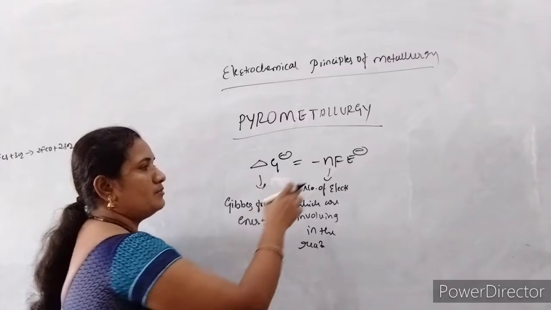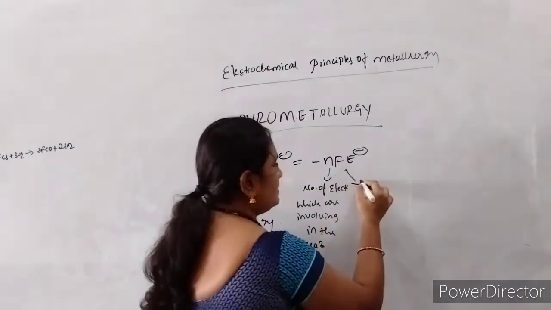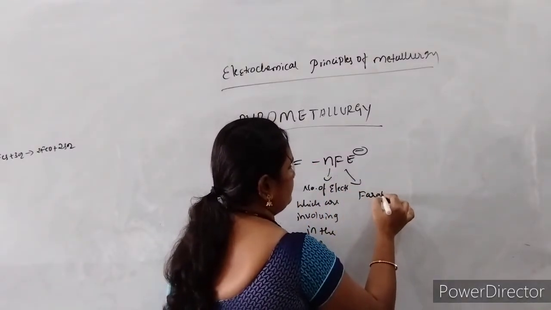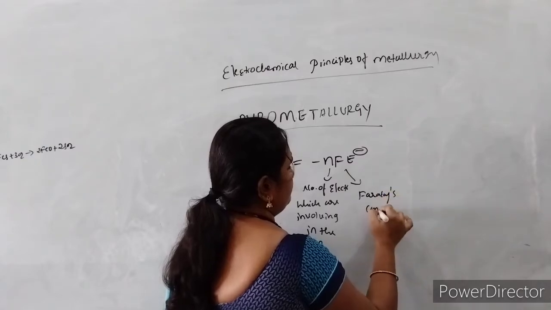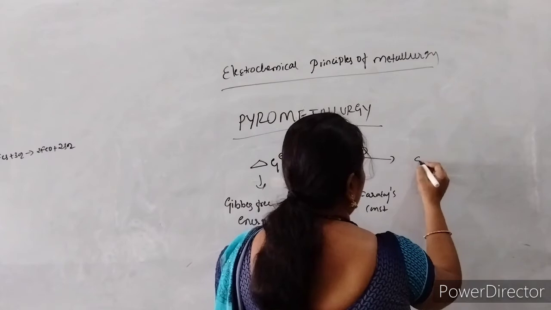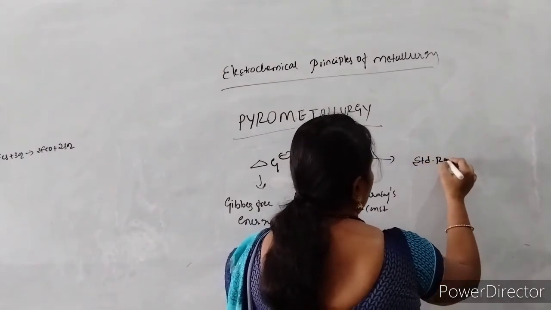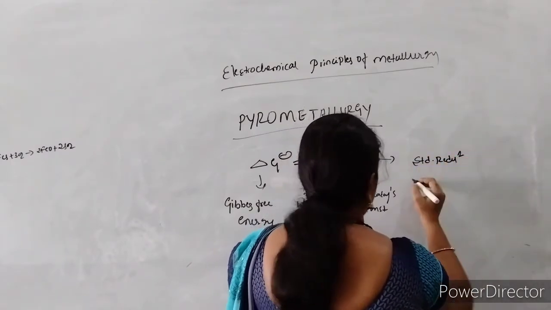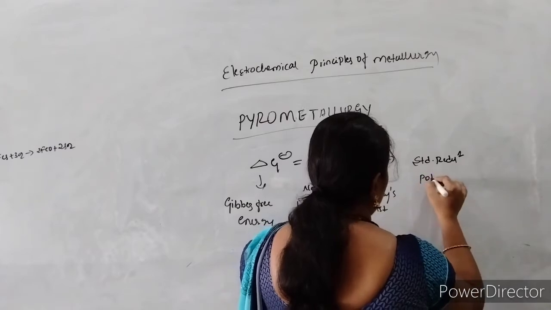So that is n. F is the Faraday's constant and E naught is the standard reduction potential.